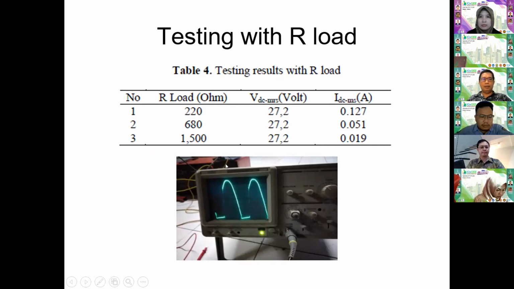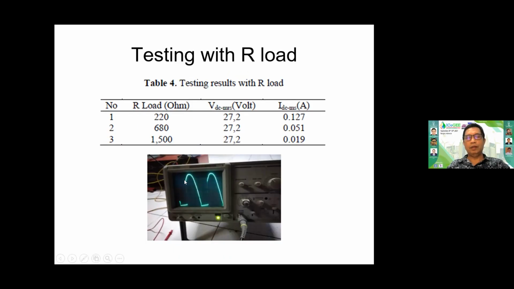This is the waveform of the voltage output from the rectifier. Yeah, you can see that with the SCR triggered at 60 degrees, the voltage will intercept, like the figure in the oscilloscope.